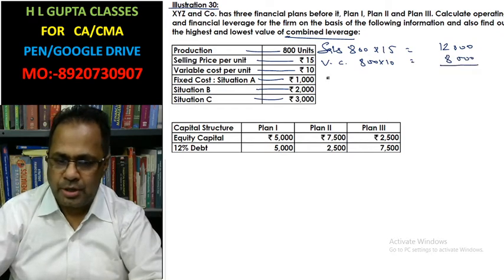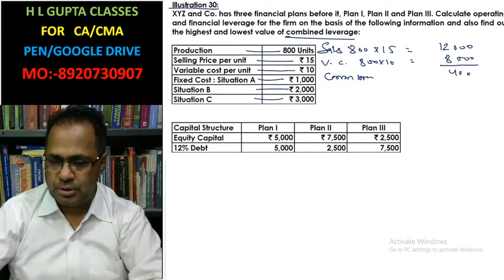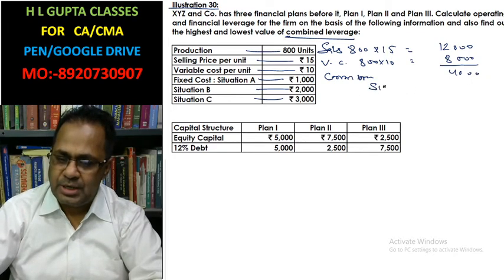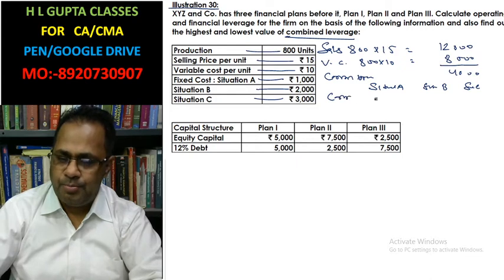Contribution is 4,000. Here you have to write situation A, situation B, situation C. Contribution is 4,000, 4,000, and 4,000.